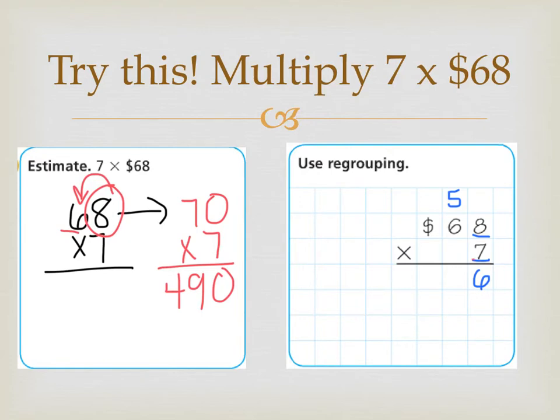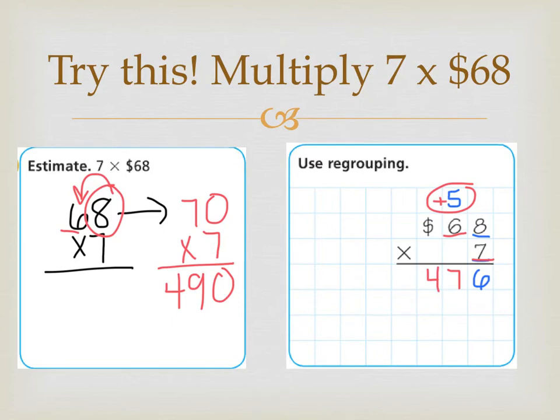My second step is to multiply my tens. 7 times 6 is 42. 42 plus my 5 regrouped tens is 47. And I put that down as well to give me an answer of 476.